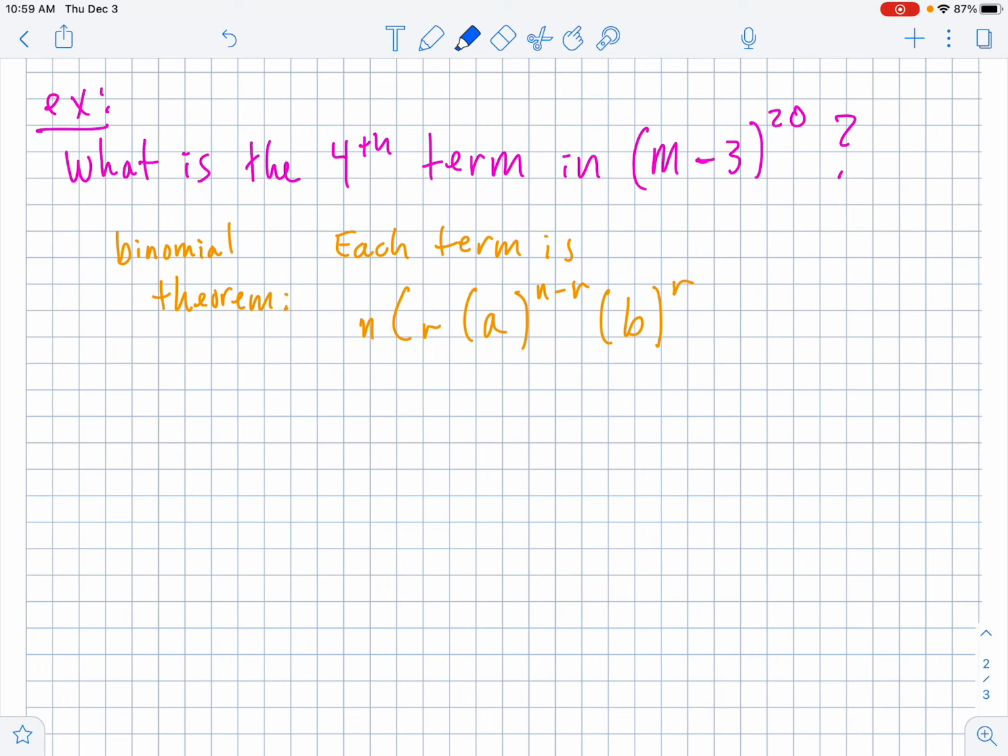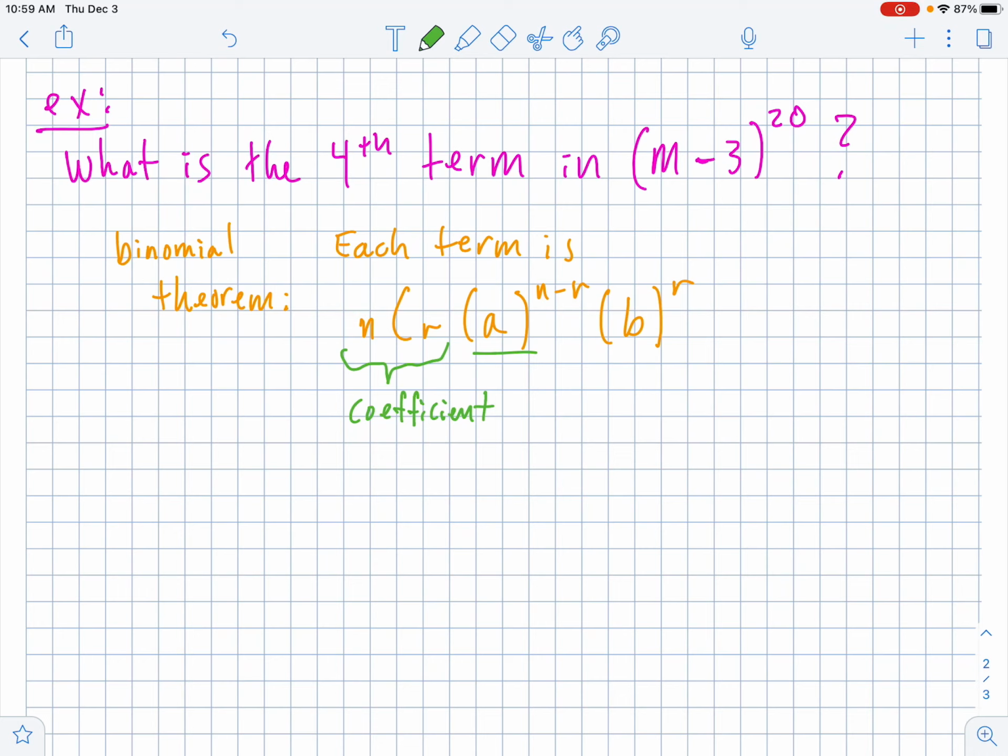So according to the binomial theorem, which, if you're wondering what the binomial theorem is, is just that each term in an expansion looks like this. The coefficient is from nCr, or Pascal's triangle.